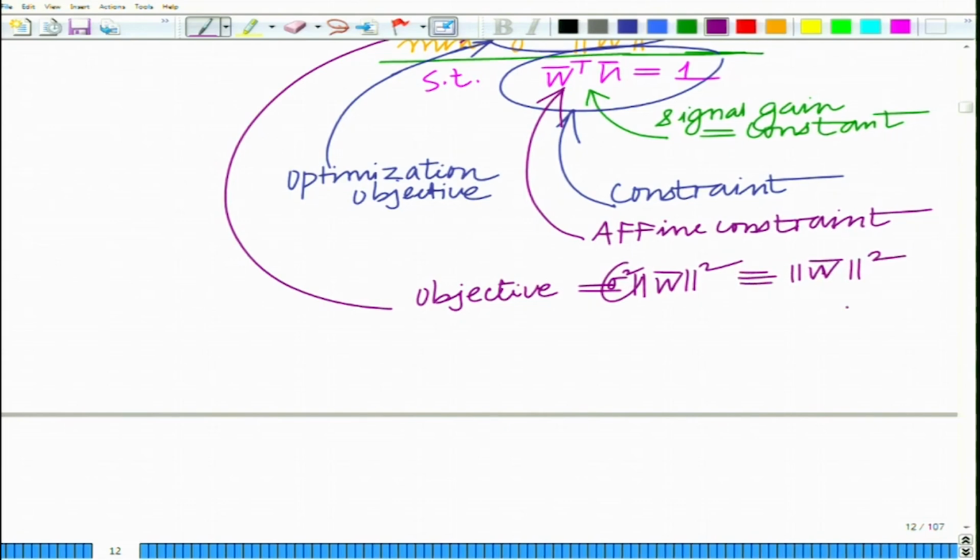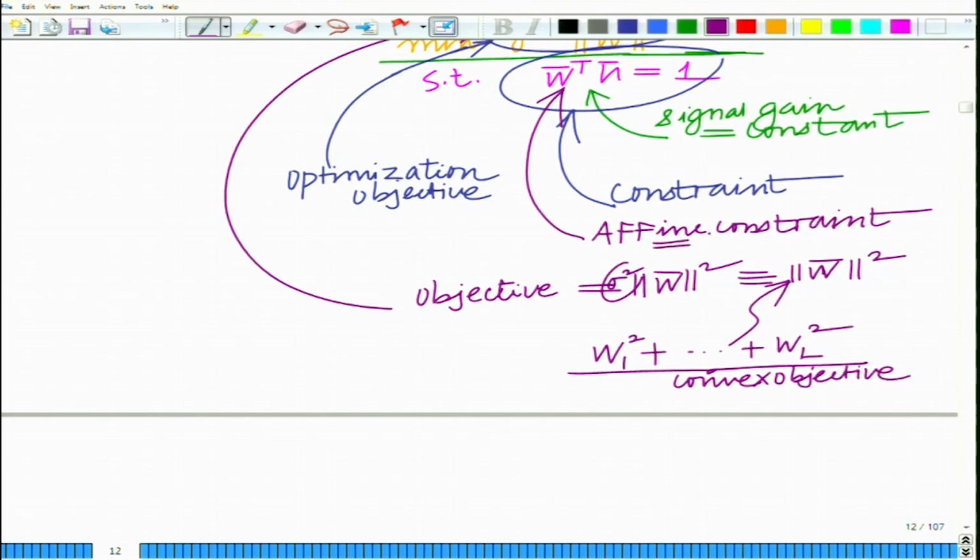So, if I minimize norm W bar square, I will also minimize sigma square norm W bar square. And now look at this, norm W bar square is simply W1 square plus so on WL square, a sum of convex functions. So, this is a convex objective. An affine constraint is also a convex constraint.